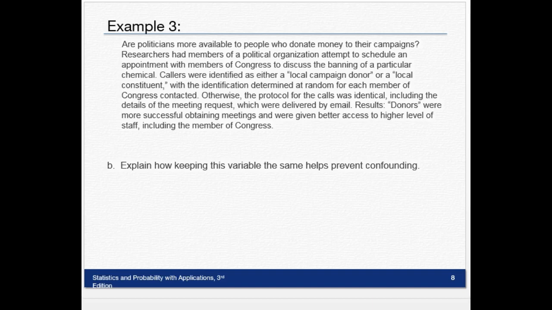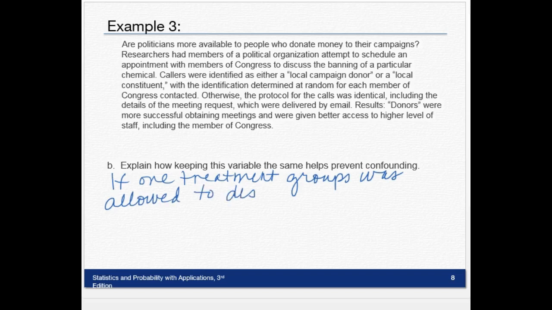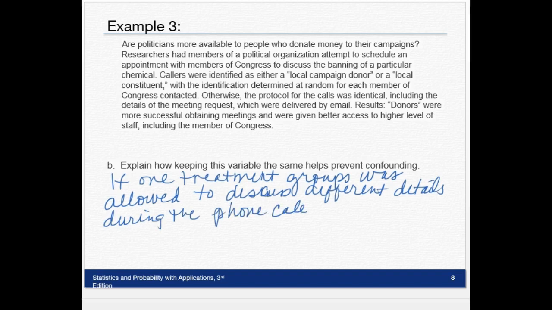Okay, so here's how to put it in words. If one of the treatment groups was allowed to discuss different details during the phone call, we don't know if the details of the phone call or the caller's designation was the cause of the success rate.